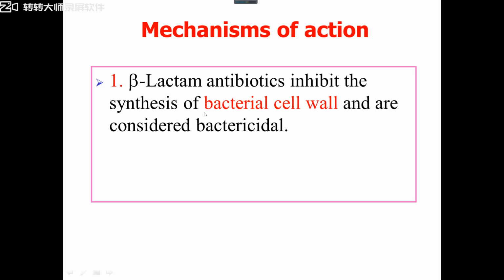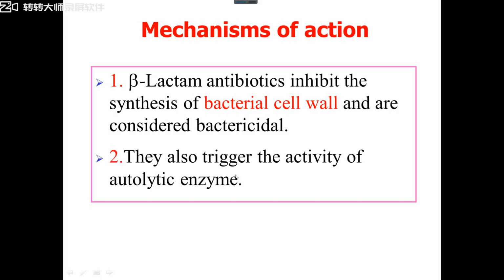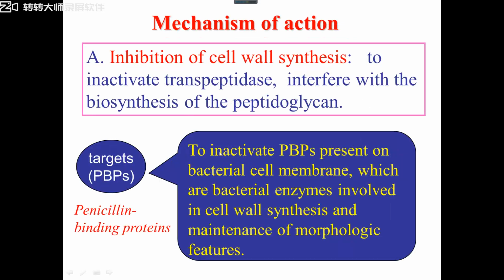The mechanism of penicillin we studied last class, and just now we also reviewed: it inhibits bacterial cell wall synthesis. Beta-lactam antibiotics also trigger the activity of autolytic enzymes. So let's review the mechanism of penicillins. They inactivate transpeptidases and then interfere with the biosynthesis of peptidoglycan, and at last inhibit bacterial cell wall synthesis.